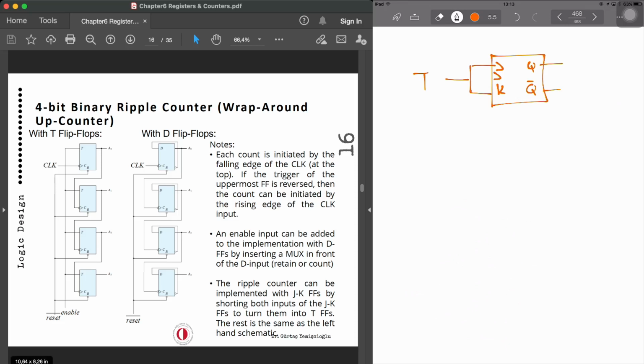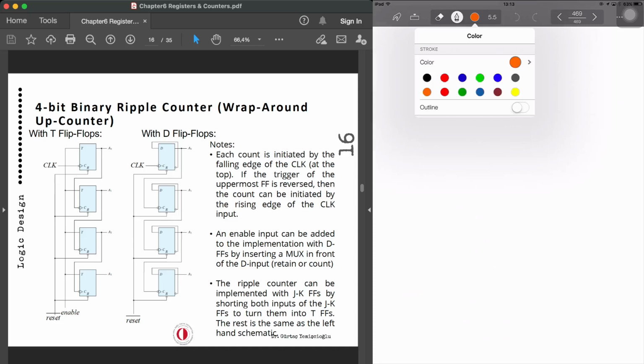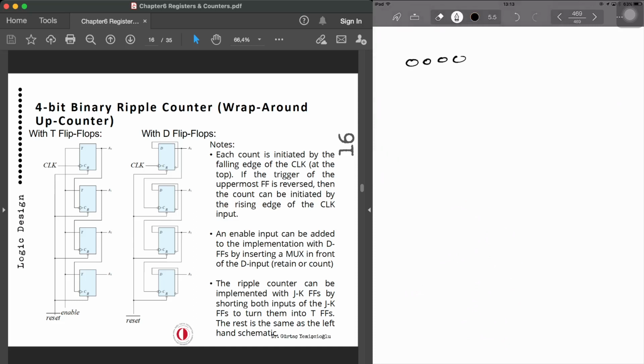Now, this is a ripple counter which we are using for binary numbers. We can also have a ripple counter for BCD, a BCD ripple counter. We can demonstrate it starting from 0, 0, 0, BCD numbers 0 to 9.